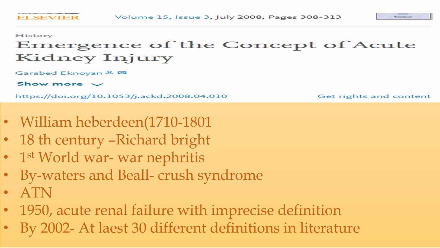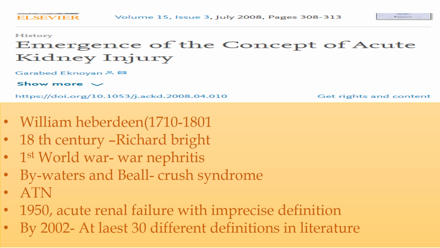And by the 18th century, we get the Englishman Richard Bright, who meticulously described the clinical course of patients with various renal conditions and described his findings on autopsy. And because of his major contribution to nephrology, by the beginning of the 20th century, renal disease was actually called Bright's disease and had been classified into acute and chronic Bright's disease.